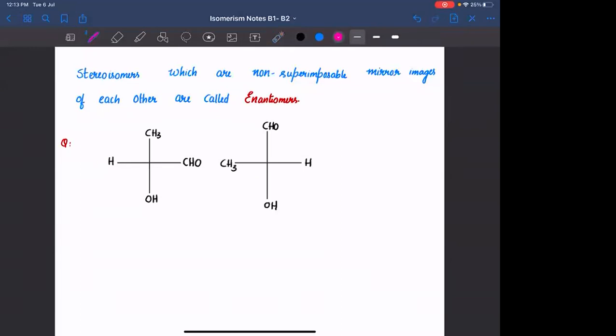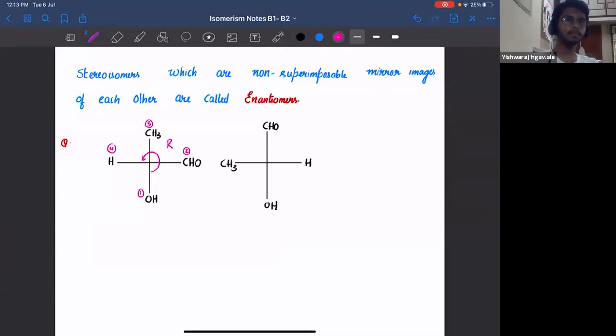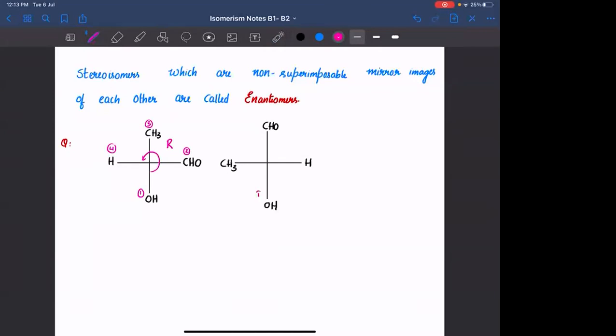If this is priority 1, this is priority 2, this is 3, this is 4. So 1, 2, and 3 rotating in anti-clockwise. It is supposed to be S, but what will this be? It will be R. This is again 1, this is 2, this is 3, this is 4. 1, 2, and 3 again rotating in anti-clockwise.